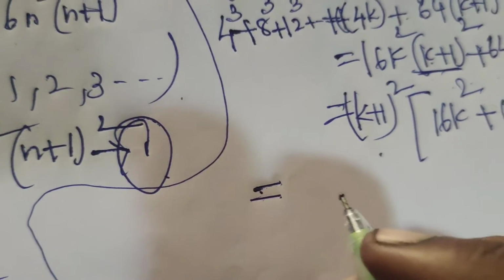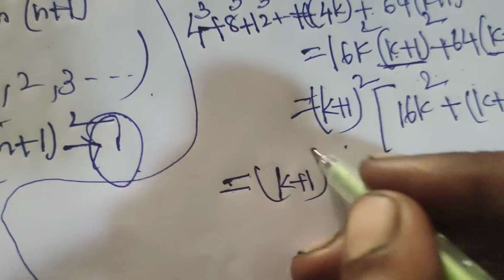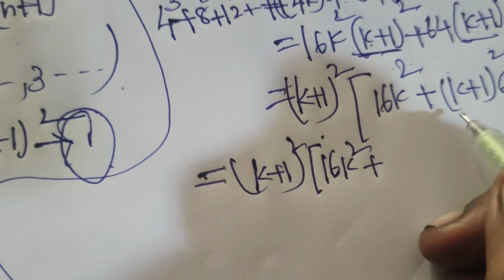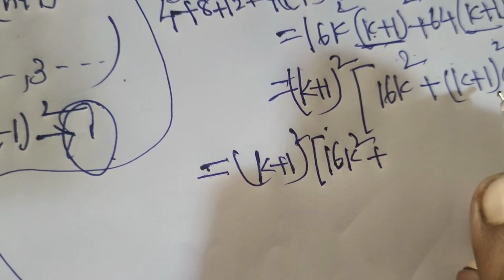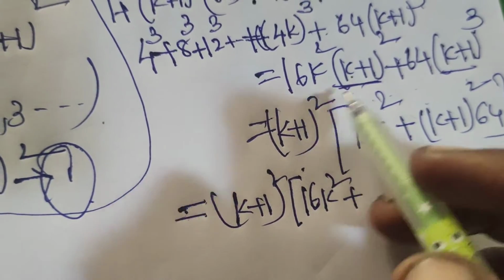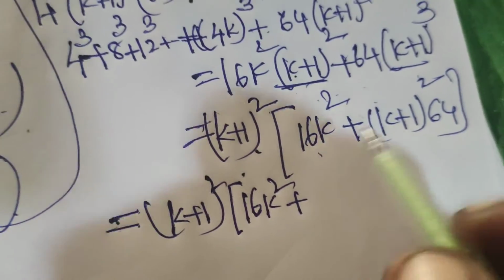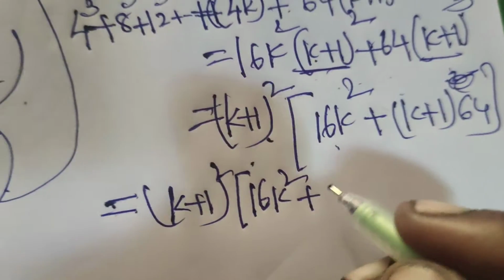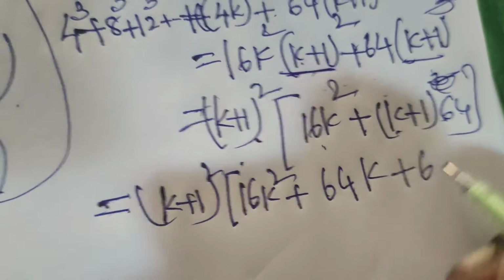Sorry, there is only one k plus 1 here. Multiplying, k plus 1 into 64 is 64k plus 64.